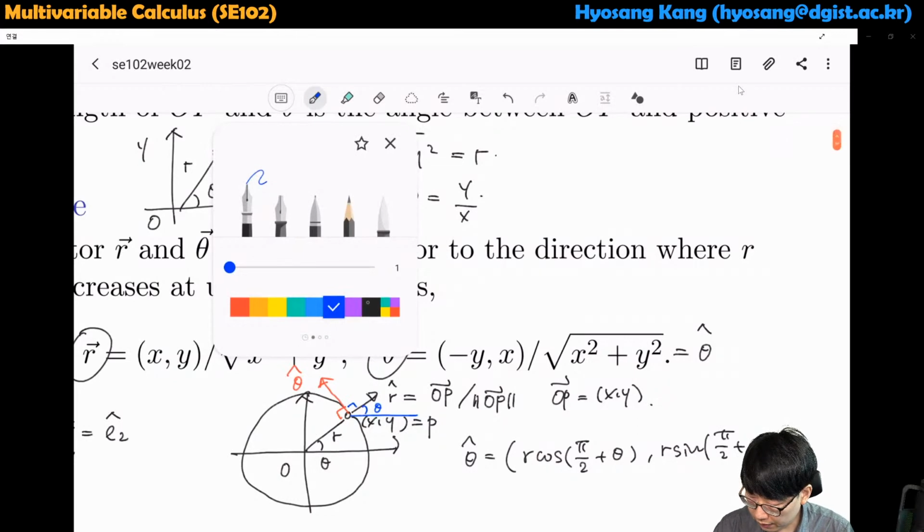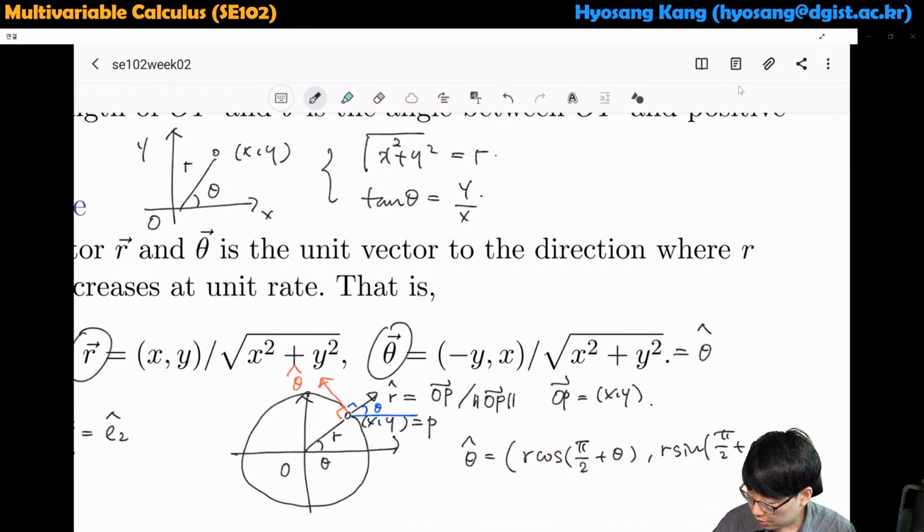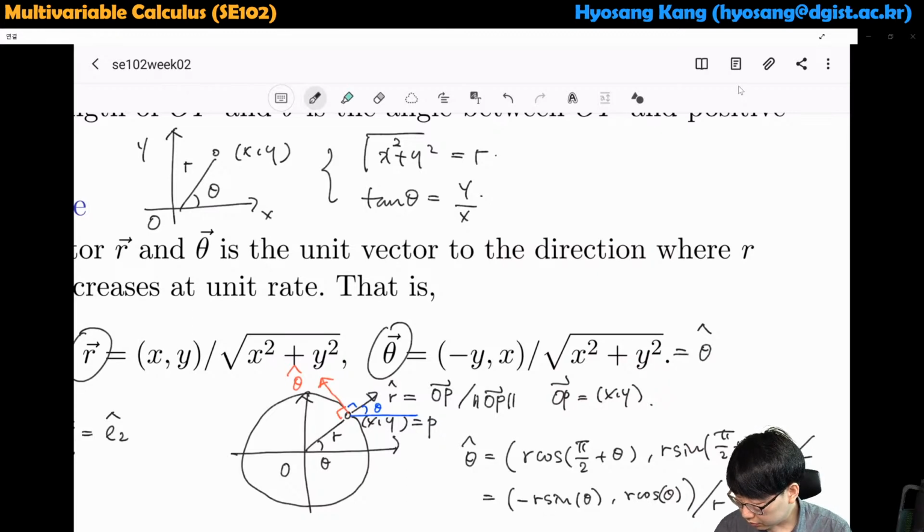And if I compute this, so this is r of what? Cosine, so it's minus sine theta, and this is cosine theta. Again, I mentioned that the theta hat must be a normal vector, so this has a norm r, so I need to divide by r, so I get rid of this r.